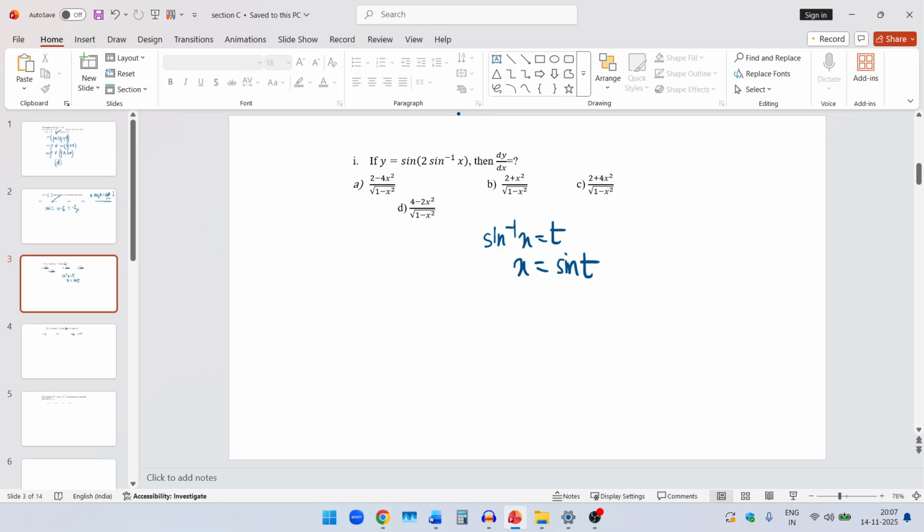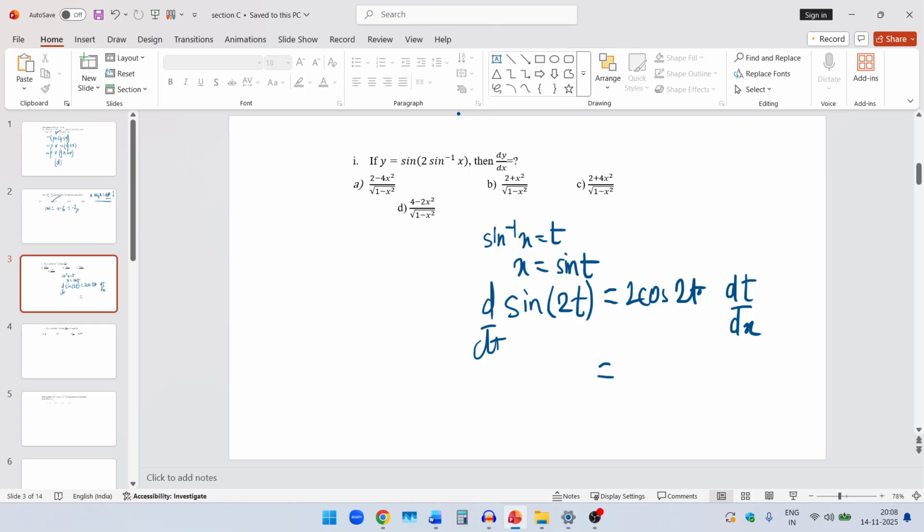First is, if you find the derivative of sine of 2 sine inverse of x, which is sine of 2t, the derivative of sine 2t should be equal to cos 2t times 2 into derivative of t with respect to x.